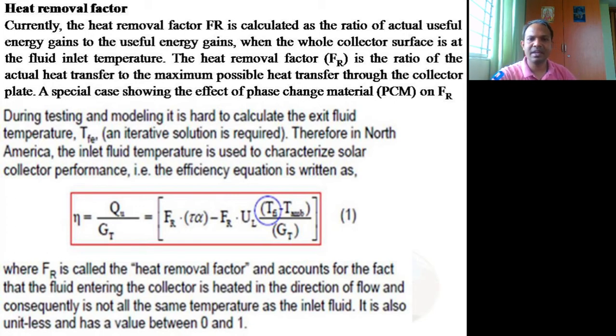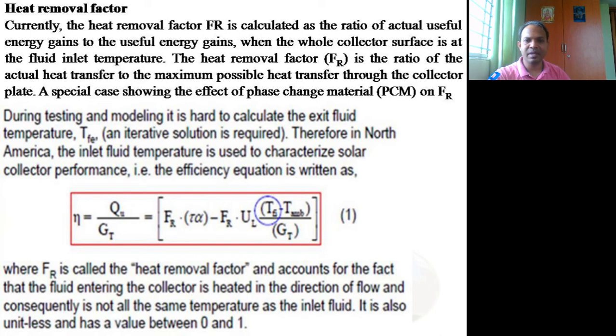A special case showing the effect of phase change material on FR is given here. During testing and modeling, it is hard to calculate the exit fluid temperature because it is a dynamic system. It keeps changing, so an iterative solution is required. Therefore, in North America, the inlet fluid temperature is used to characterize the solar collector performance.